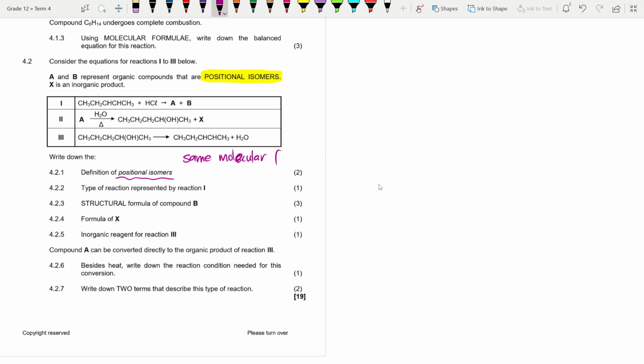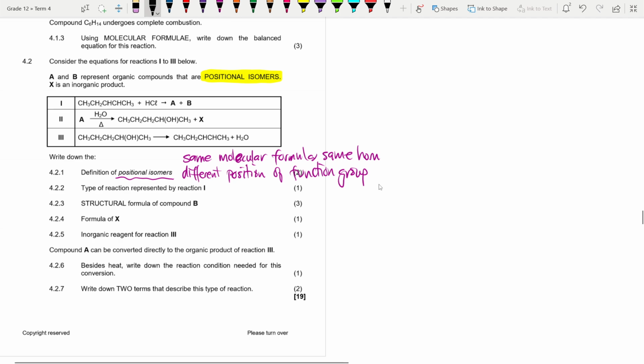Yes, same molecular formula, different position of the functional group. And they also have the same homologous series or functional group. Just the difference is the position where that functional group is.